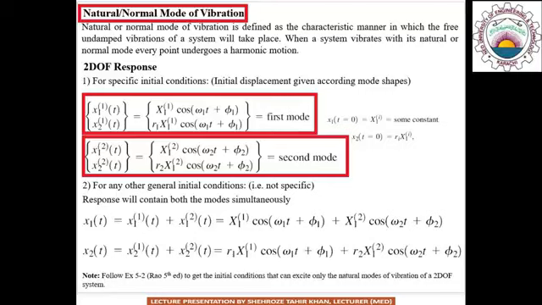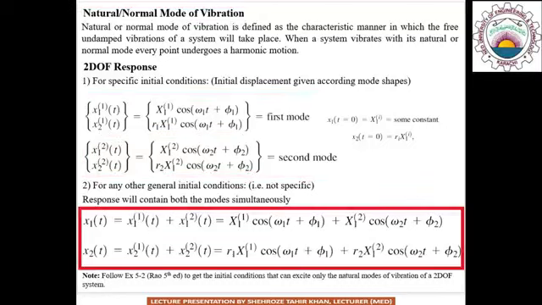Also, both modes occur together for more general instances of initial conditions, for example, impulse or shock or random vibrations. In such a case, the response of a 2 degree of freedom system will contain both the modes simultaneously as shown in the highlighted box.